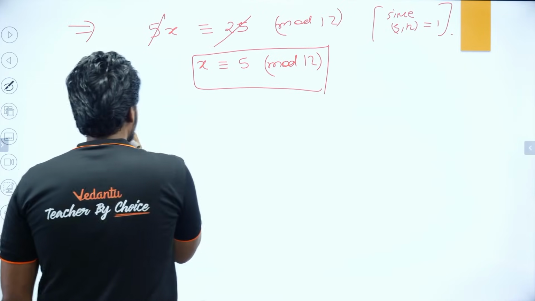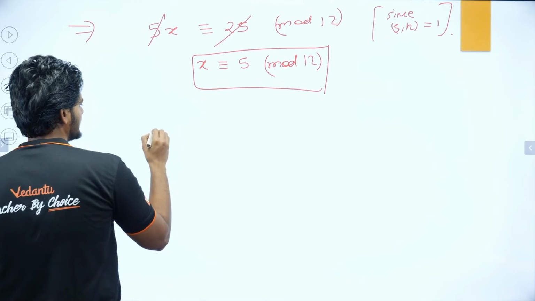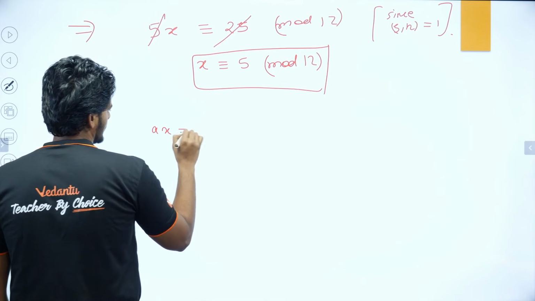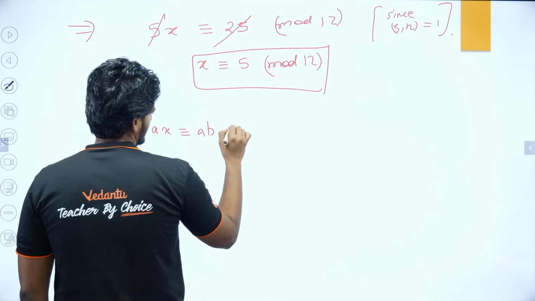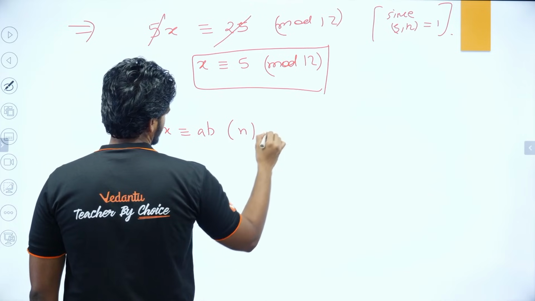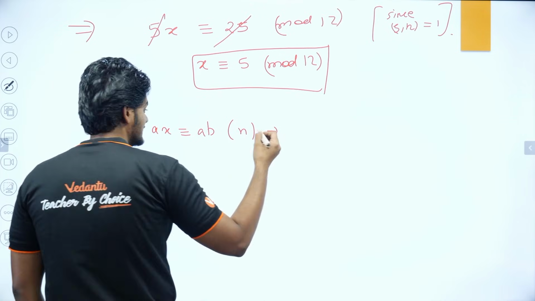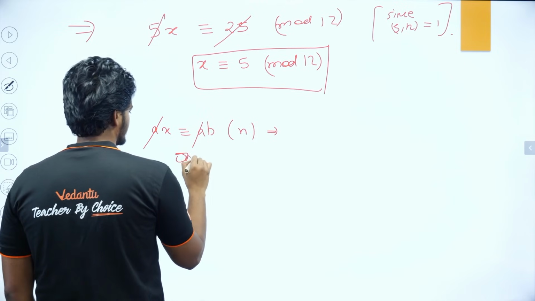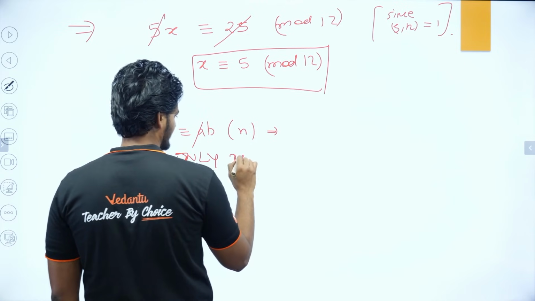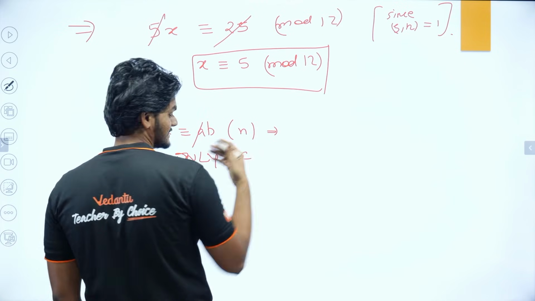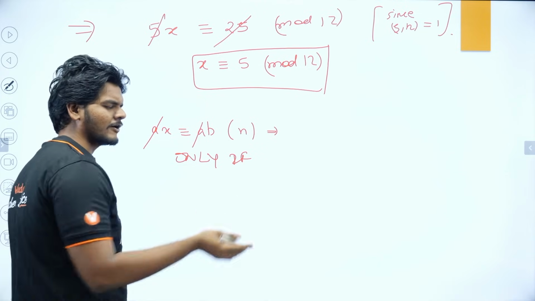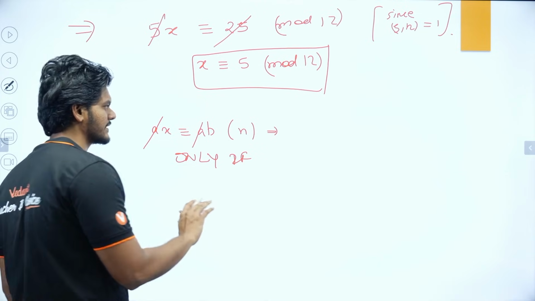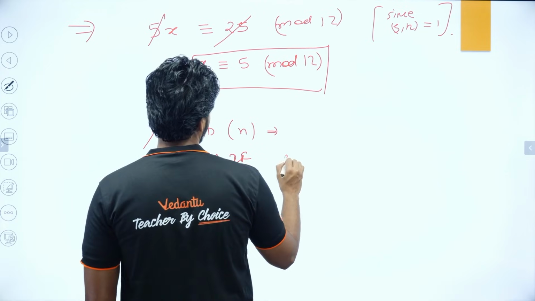So it is very important to remember, again I am repeating, ax is congruent to ab mod n will imply you can cancel out a only if, I'm not having any fun writing it again and again, but it's so important, we very often forget this. I don't want you to forget this. Only if GCD of a comma n is 1.